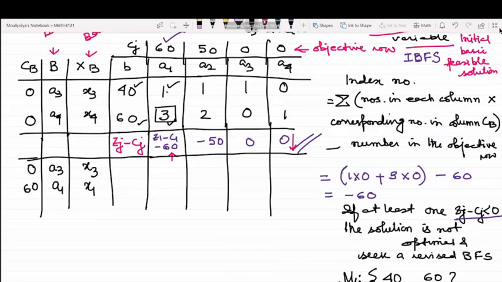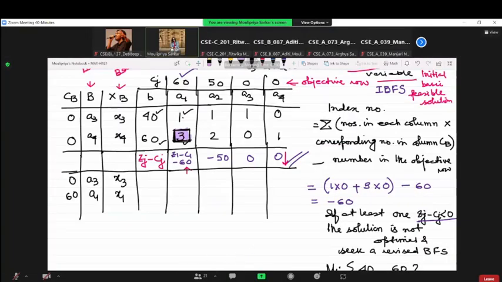Now the elements of the second row will change as we will be dividing each and every element by 3. The revised row 2 will be obtained once we divide each and every element by 3.